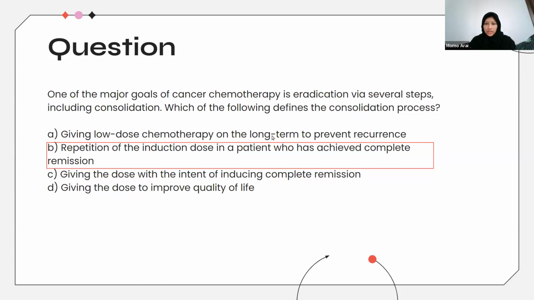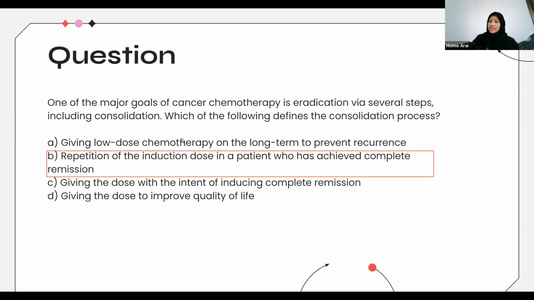So again, this is on the long term to prevent recurrence. This is exactly the wording in your slides. The main reason you're doing this is to remove any residual tumor or cancer. Improve quality of life, yes, in a way, but it achieves complete remission first.